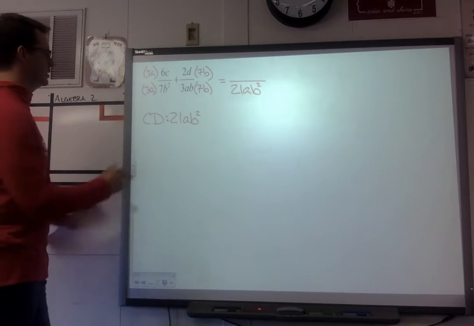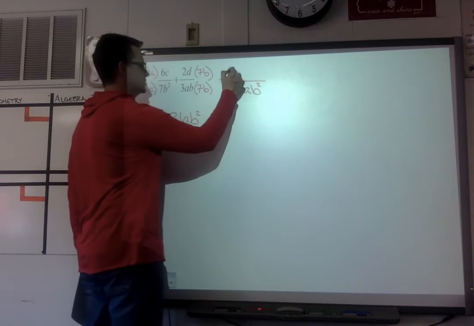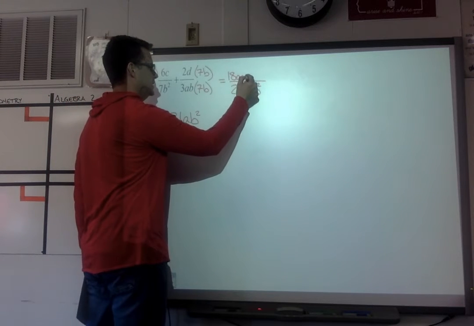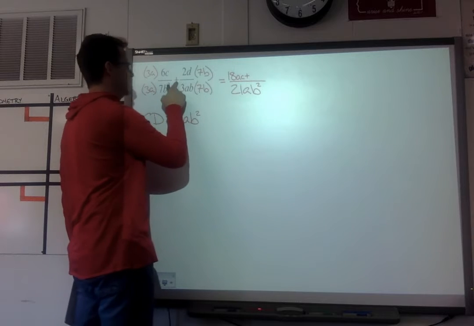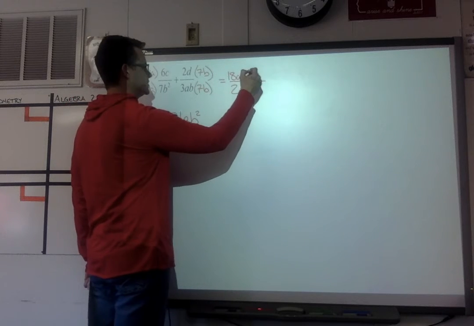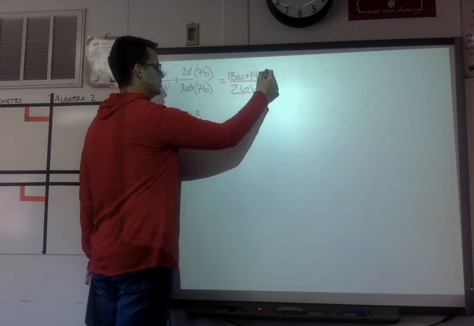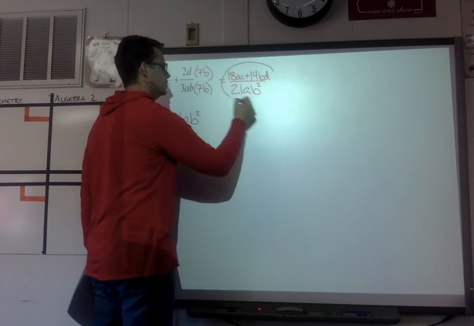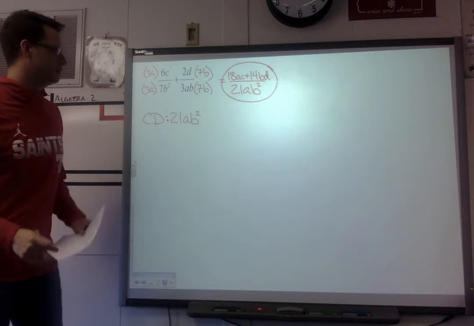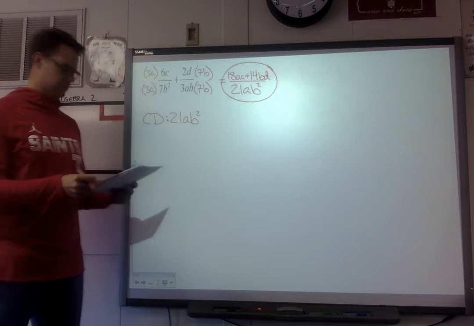Then in my numerator, 3a times 6c gives me 18ac plus 2d times 7b gives me 14bd. And that would be our simplified expression.